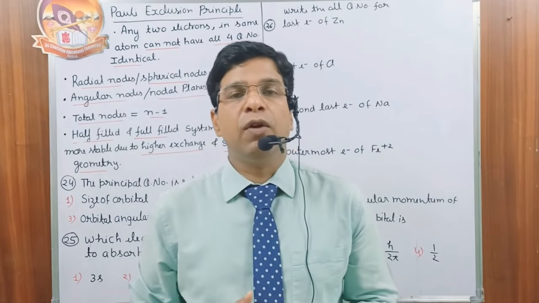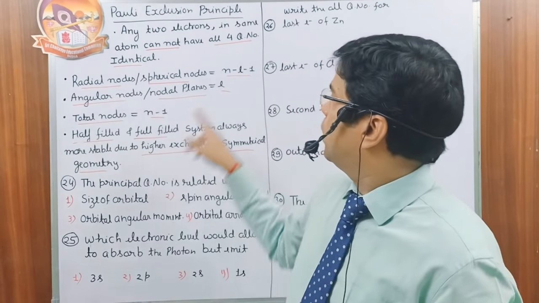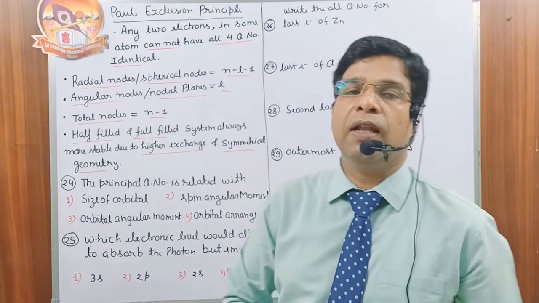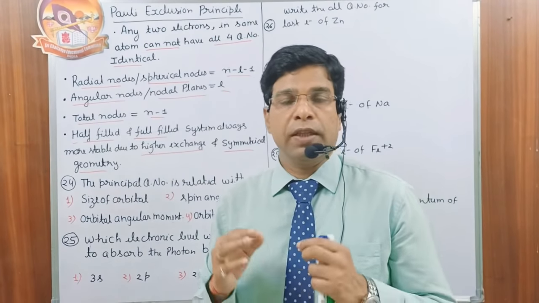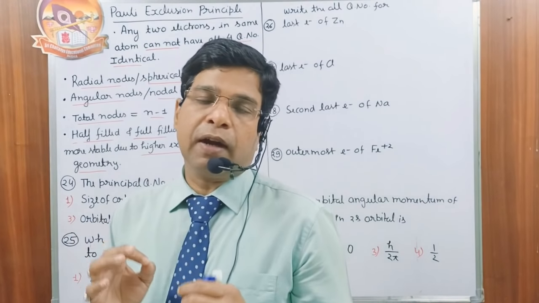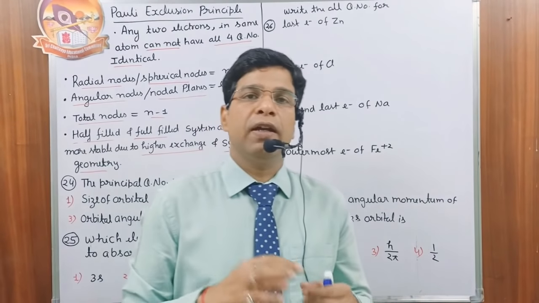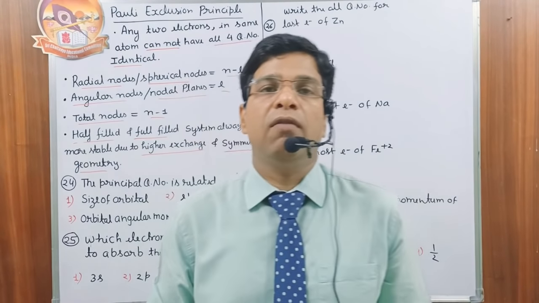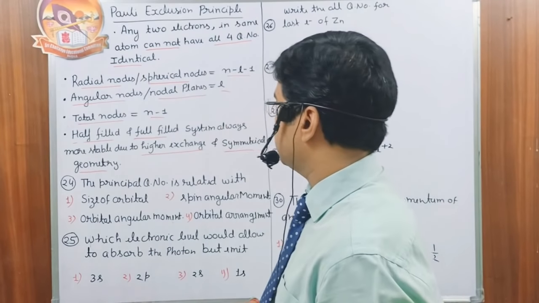Then if we want to calculate the total node, what we have to do? Radial node plus angular node, n minus L minus 1 plus L, provides the total node n minus 1. Then we need to remember that half-filled and fully-filled electronic configurations are always more stable.